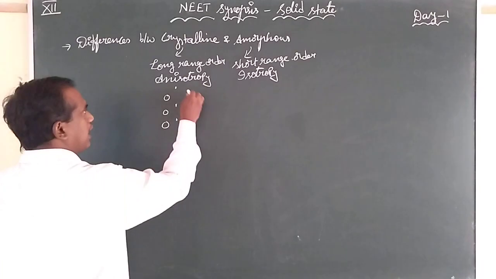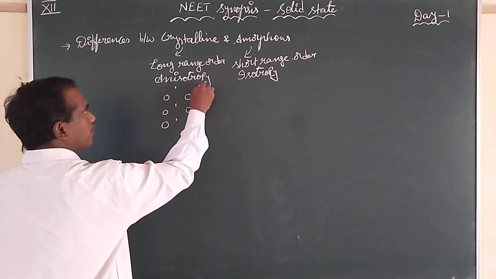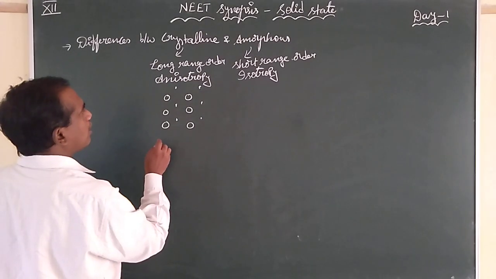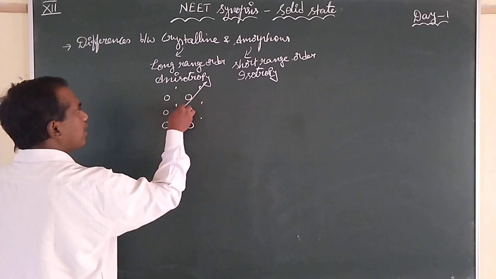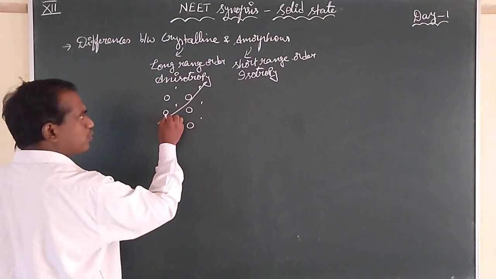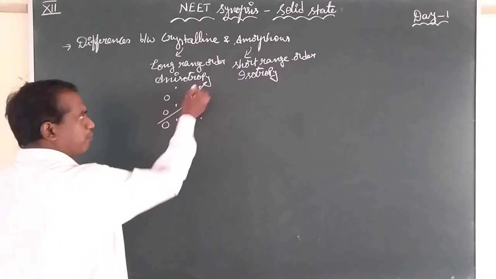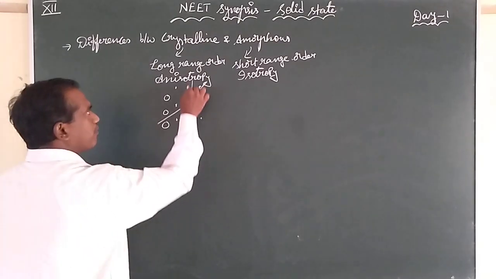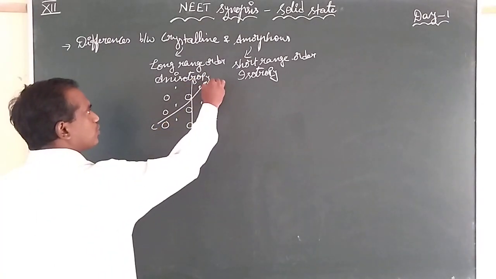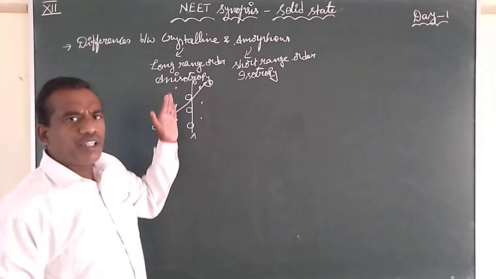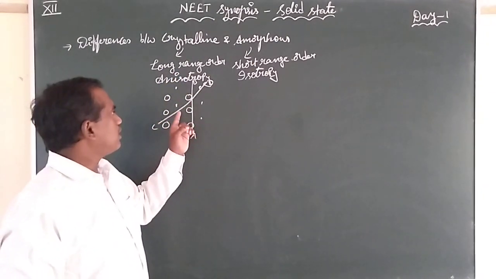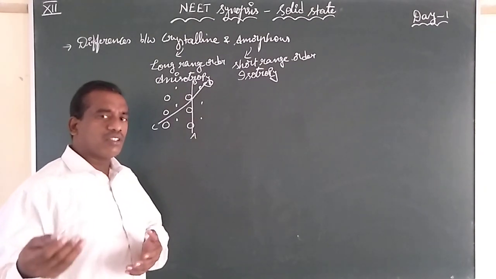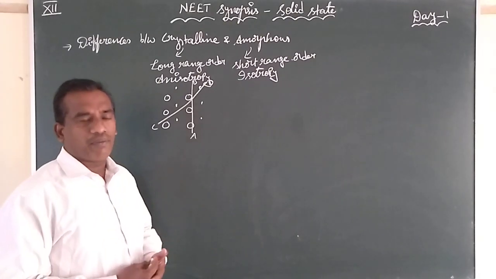Once you see the atoms or molecules or ions here, if you draw a line using this plane, you will come across one set of atoms, like the line A to B, and C to D. In A to B there is only one set of atoms, whereas in C to D there is a different set of atoms. So their refractive index will be different, and these points will be completely different from each other.